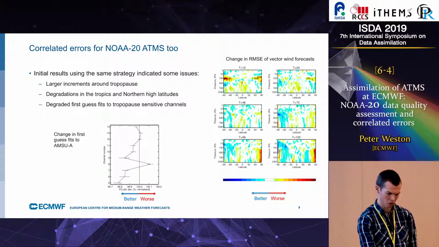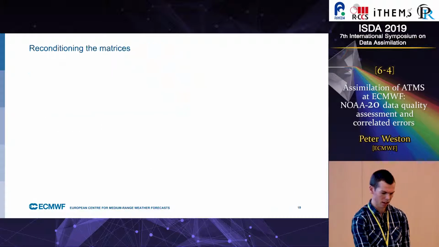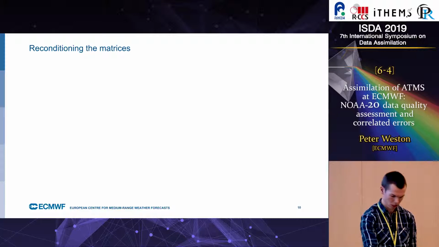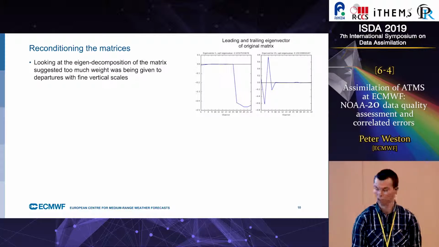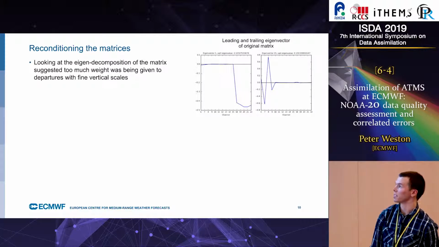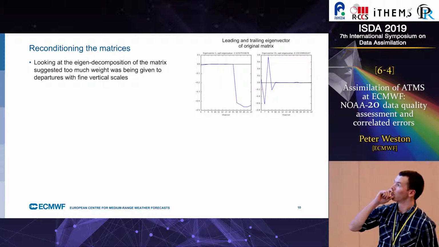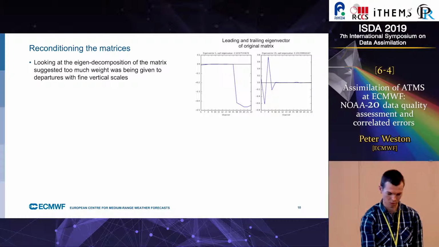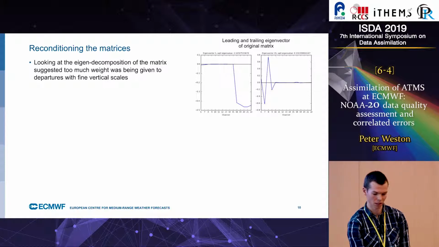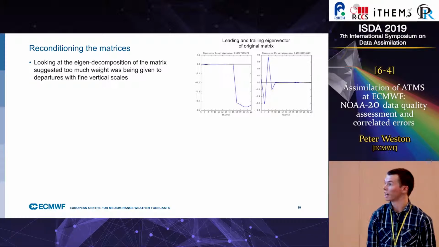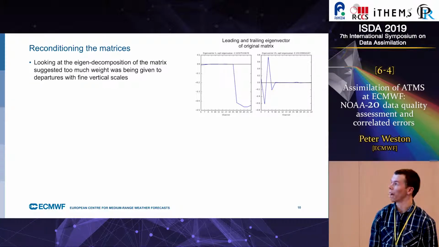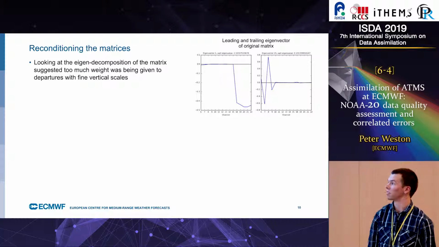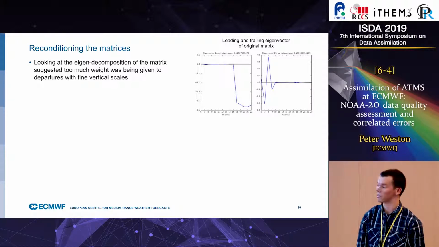This led me to look at the eigen decomposition of the matrix. On the left is the leading eigenvector, and on the right is the trailing eigenvector. On the left, you've got an eigenvector where the contributions are all coming from the humidity sounding channels, and this is potentially a cloud error, which we'd probably quite like to downweight given we're assimilating these observations in clear skies.